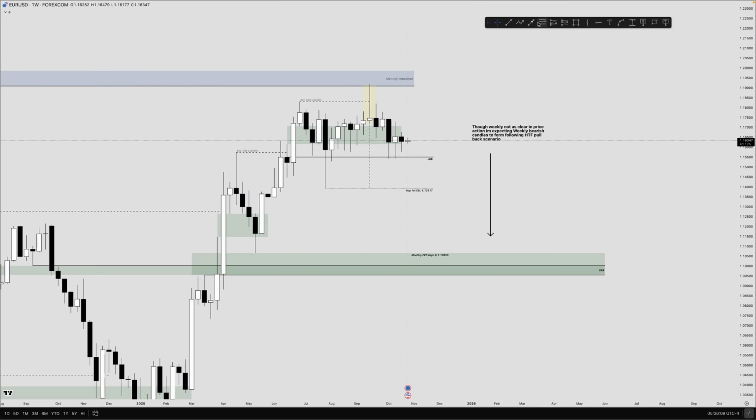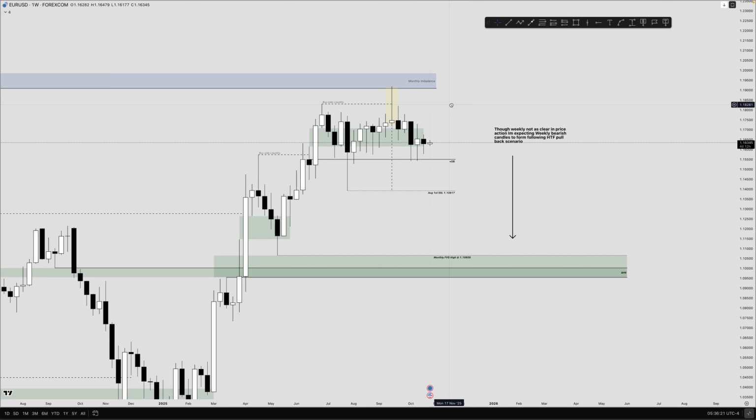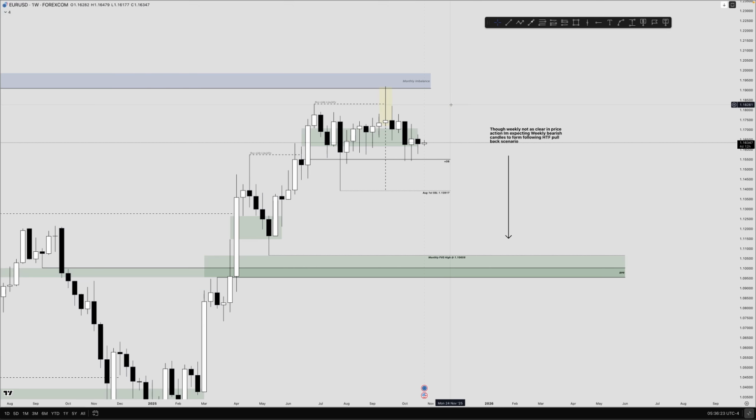Now our current weekly leg is from this low here to this high up here. This is our bullish leg from this discount to this premium. For me the weekly has not yet changed into bearish structure, because this low is not yet broken, but I am expecting weekly bearish candles to form following that monthly bias, to pull back to this fair value gap zone here.